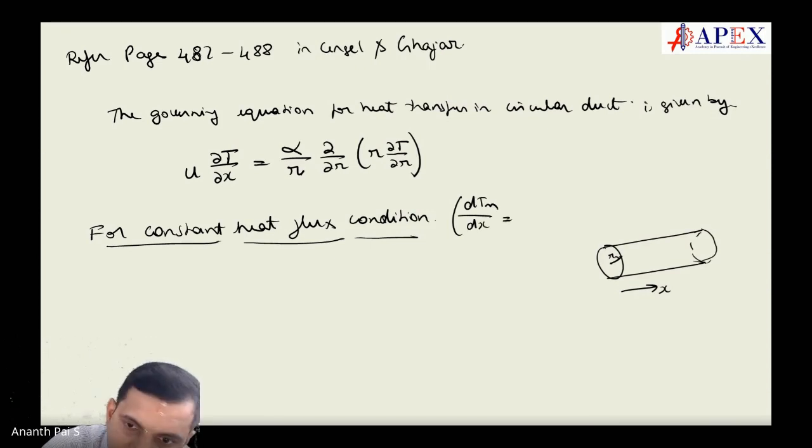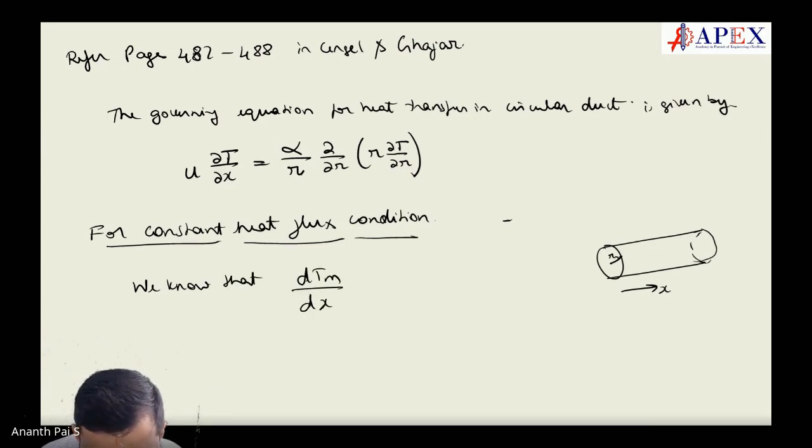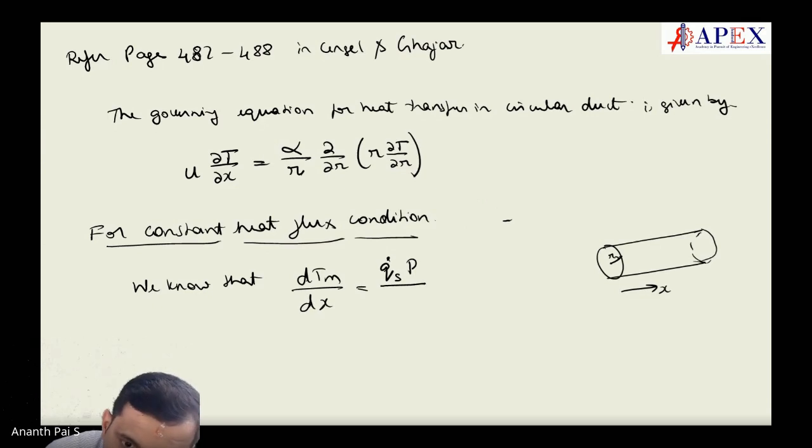For a pipe flow, we know that dTm by dx for constant heat flux is equal to q dot s into P, which is the perimeter, divided by m dot cp, correct.